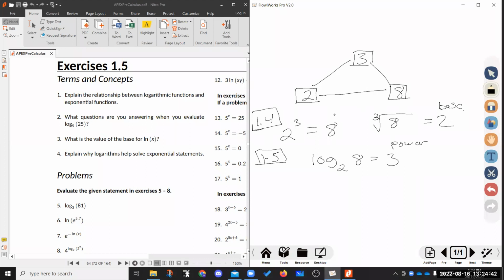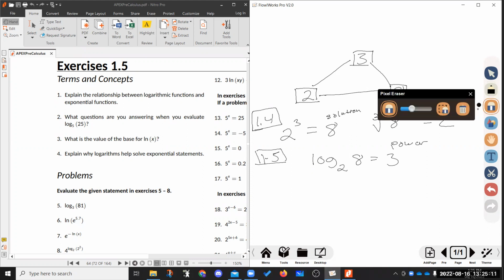And this one, let's just call that the solution for right now. I don't have a better name for it, but it's what 2 to the third is. So there it is. That's a nice visual for people that have a visual representation of numbers.